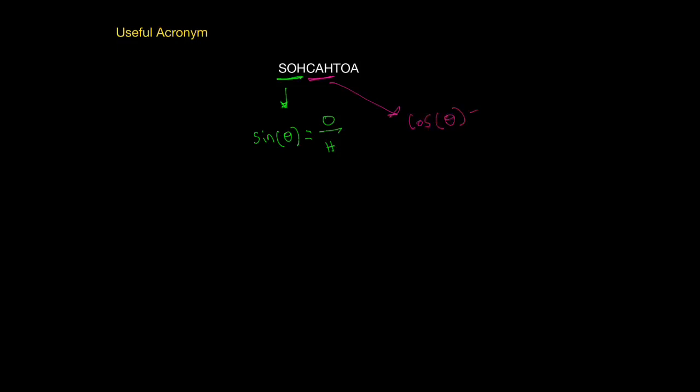And cosine of theta, in order to calculate that, you're going to get the adjacent side and divide it by the hypotenuse. So A over H. And then finally, we get tangent, we get TOA. The T stands for tan, and tangent of theta is going to equal the ratio of opposite over adjacent. So we get O over A. This acronym is super helpful, and let's see an example.